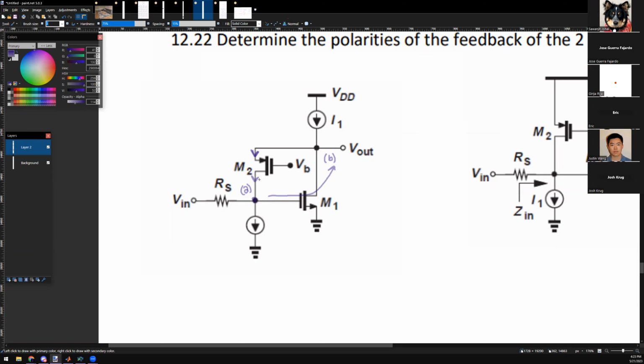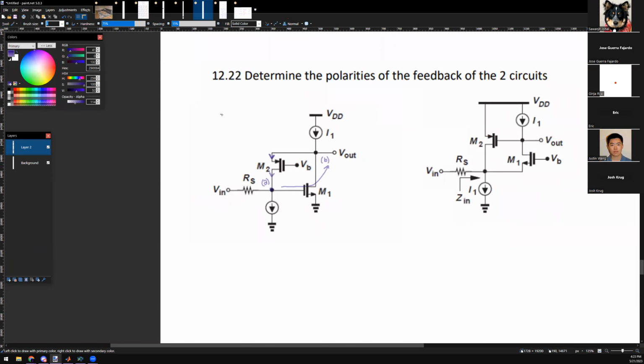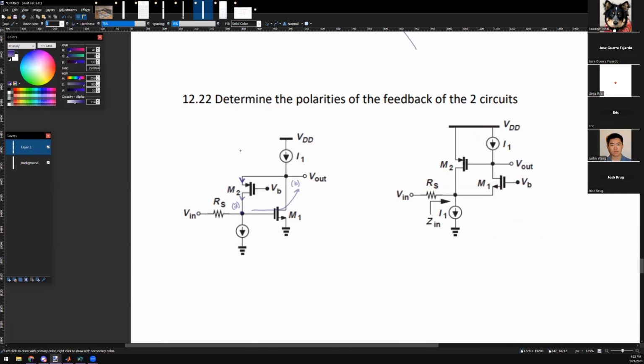That's a common gate configuration, actually. So the rules of thumb, Justin, are very simple. The gate can never be the output, and the drain can never be the input. Everything else is legal. So here, the source was the input, and the drain is the output. Does that break any of the rules?